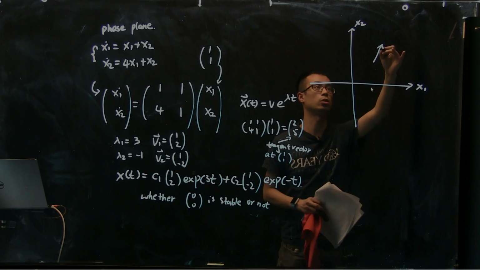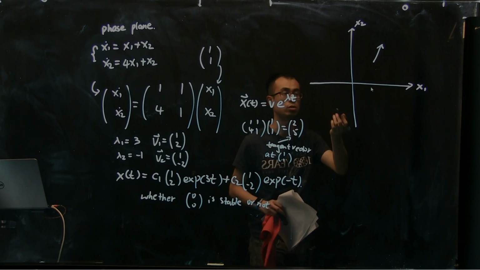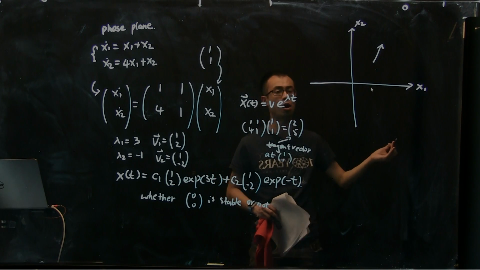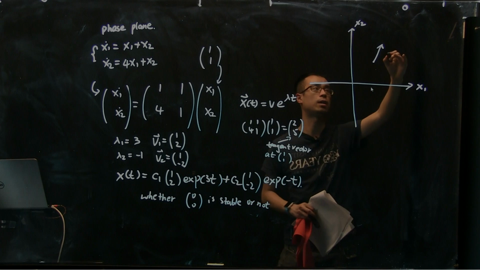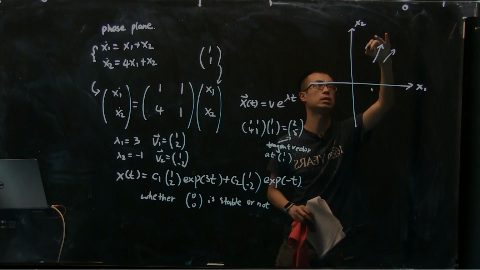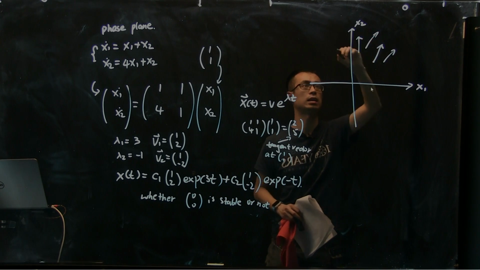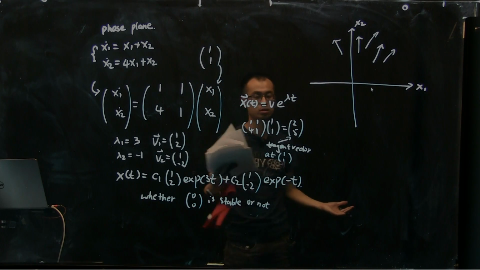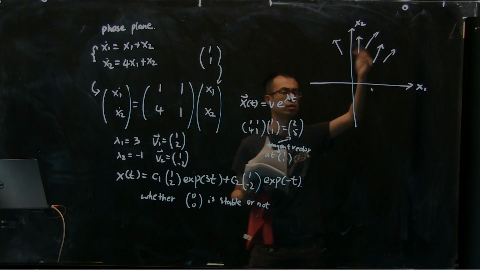Okay, so this tangent vector is 2 and 5. And this position is 1 and 1. Of course, you can apply and you can find more arrows, probably something like that, and something like that. And for each point, you can find such a tangent vector, and you can plot this out.